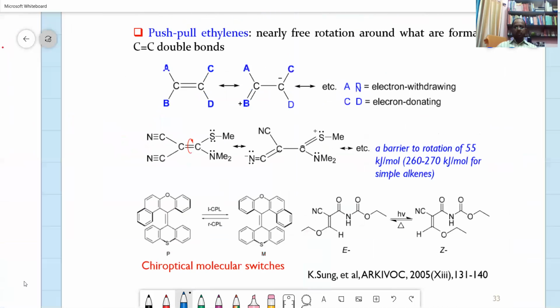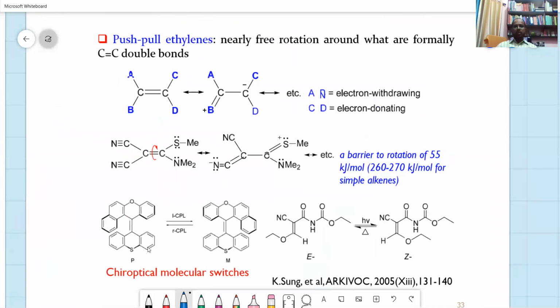Look at this example. This push-pull ethylene has nearly free rotation around the formal C double bond C bond. So this is an ionic bond there. So it is an electron rich center, but anyway, when you have minus here, you have plus also there.